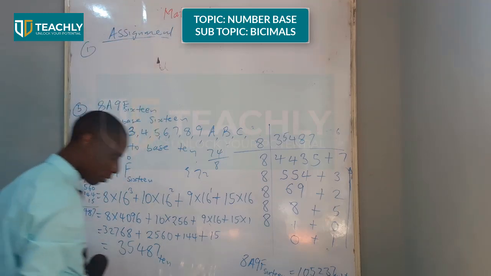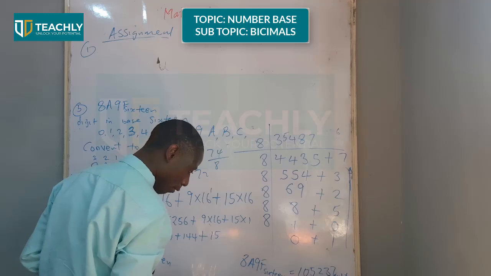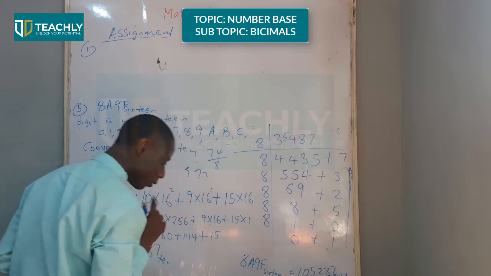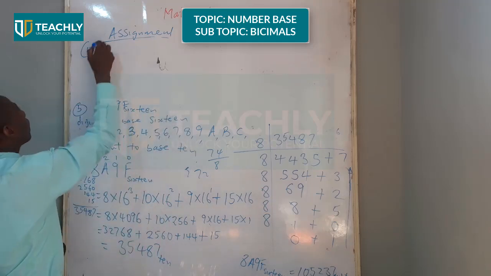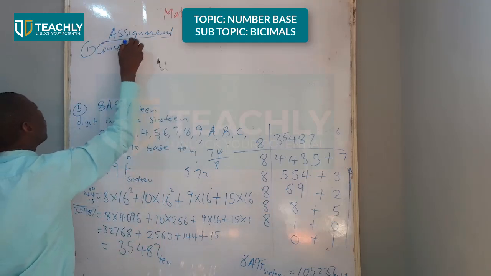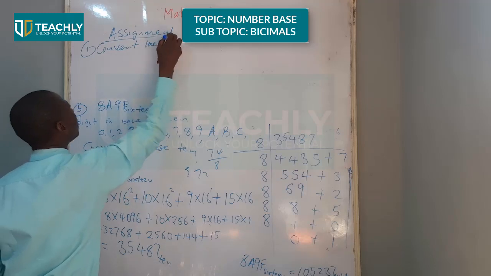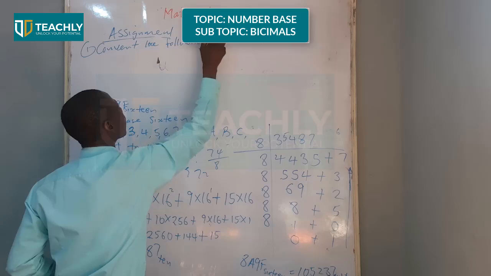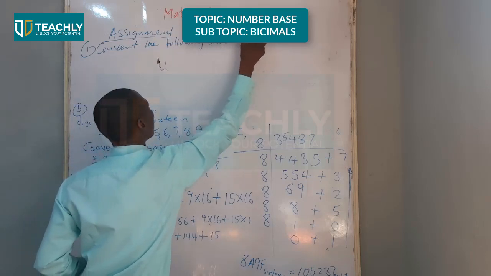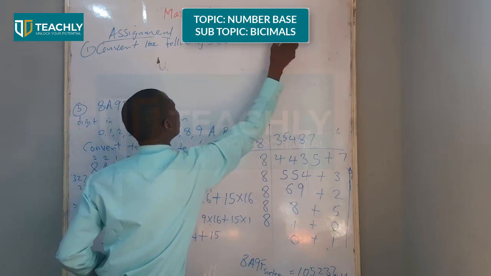Number 1 says convert the following base 2 to base 10.